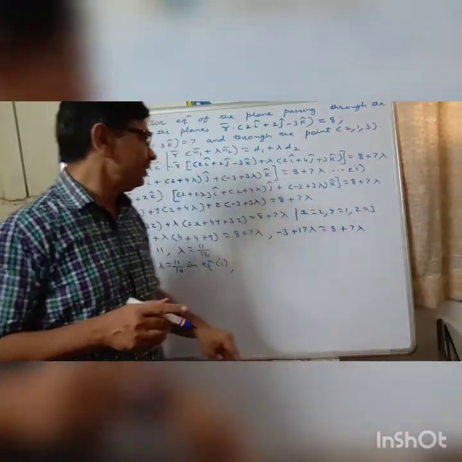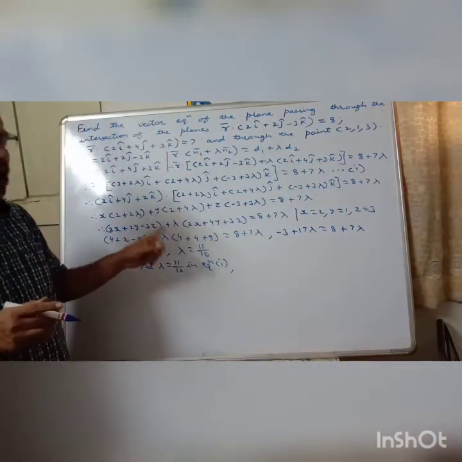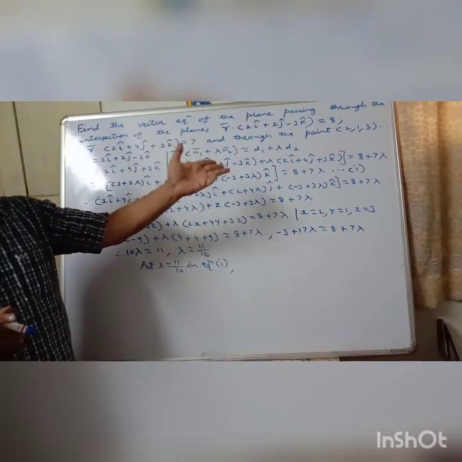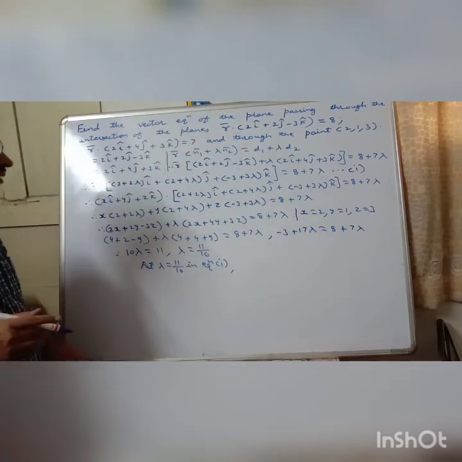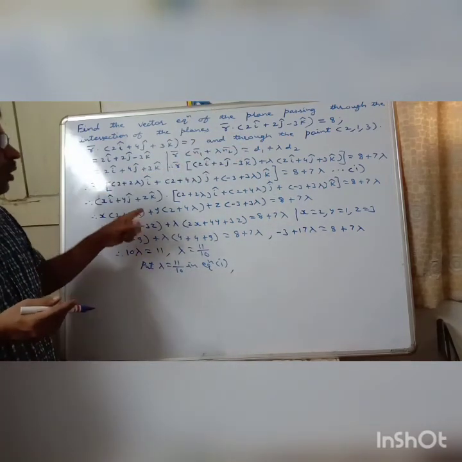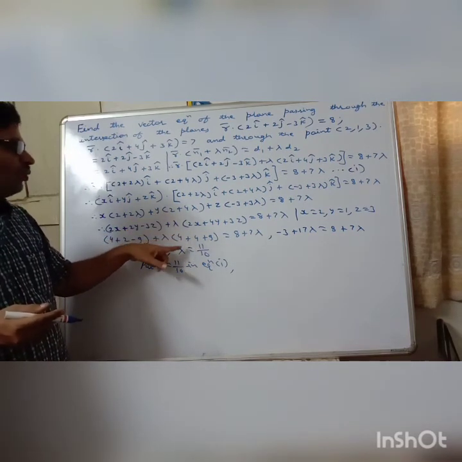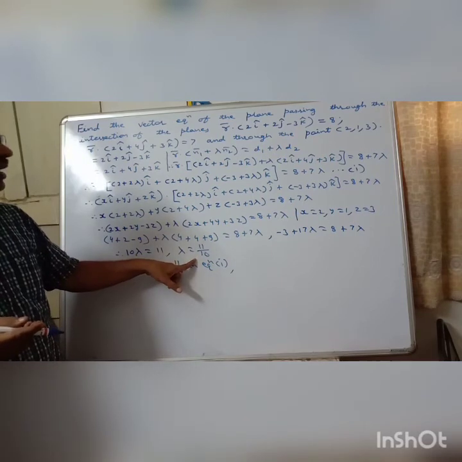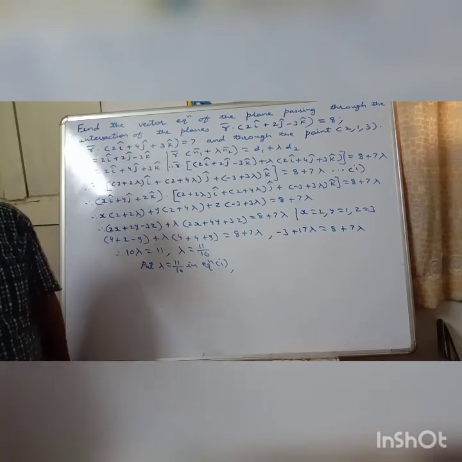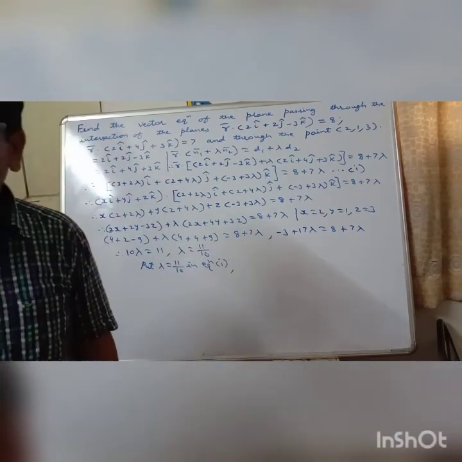This is a point which lies on the plane, so we have to put values of x, y, z. For that purpose, we have converted equation of plane into Cartesian form. After getting value of lambda, we write equation of plane in vector form only.